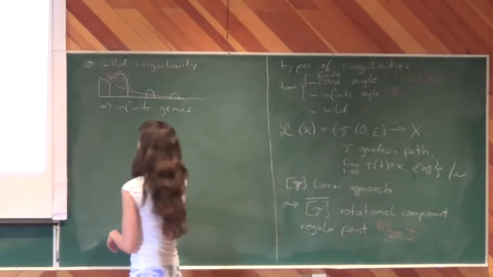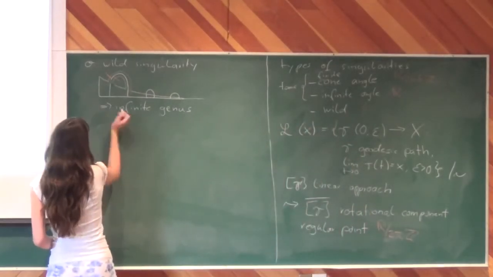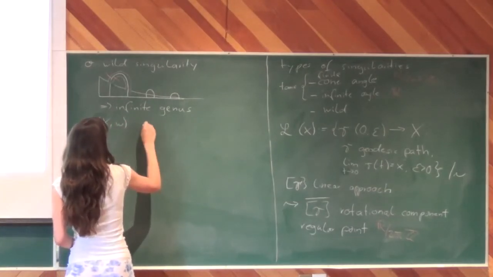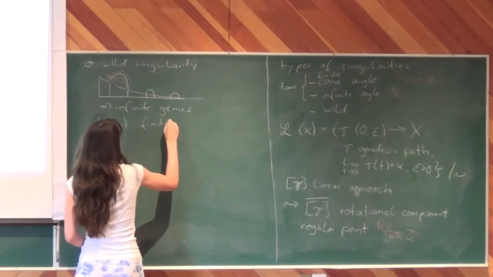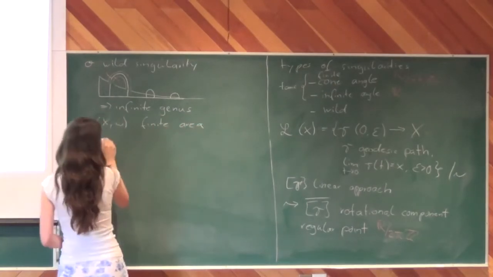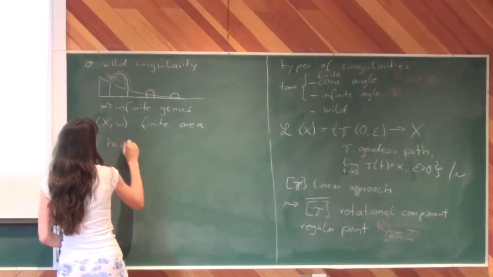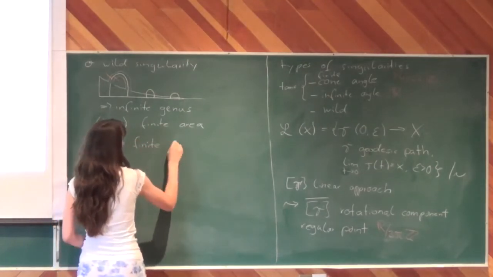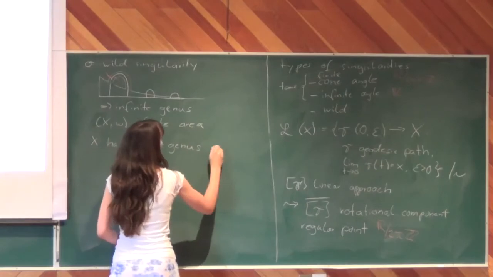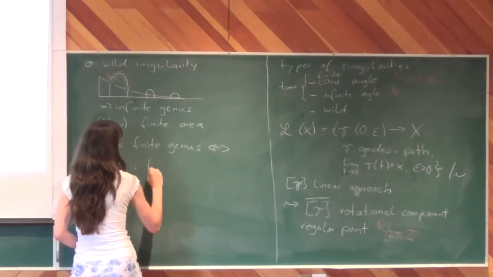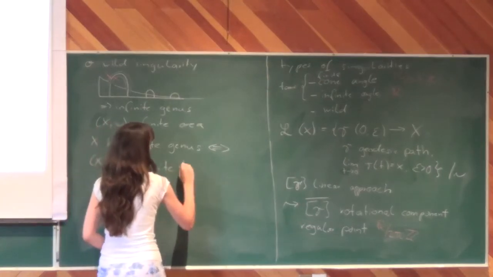What is nice is, if you have a translation surface with finite area, you can say that you have finite genus if and only if (X, ω) is a finite translation surface.